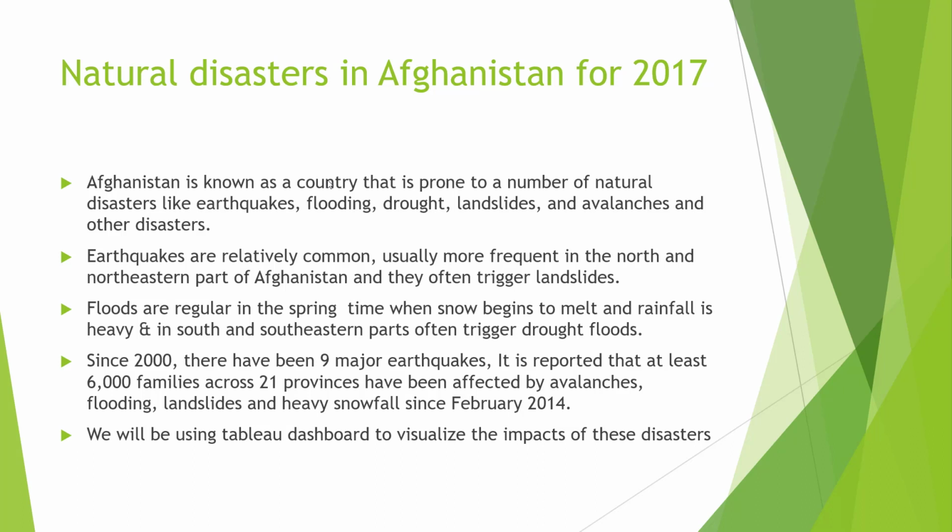It was found that since 2000, there have been 9 major earthquakes in Afghanistan, and it was reported that at least 6,000 families were affected by earthquake, which resulted in various avalanches, flooding, landslide, and snowfall.